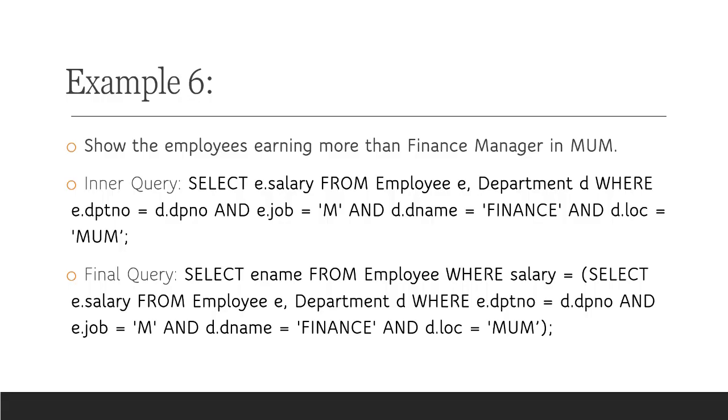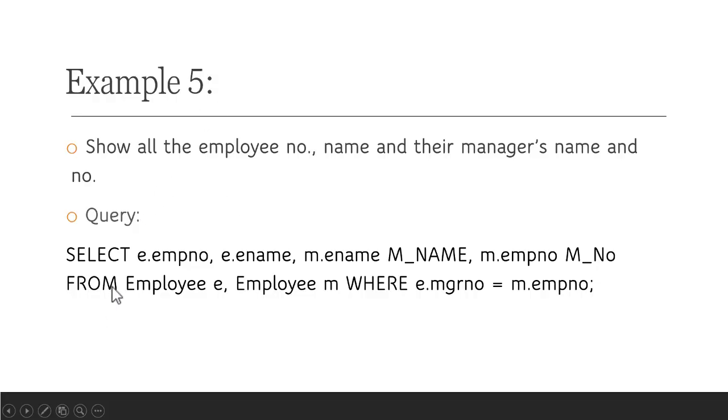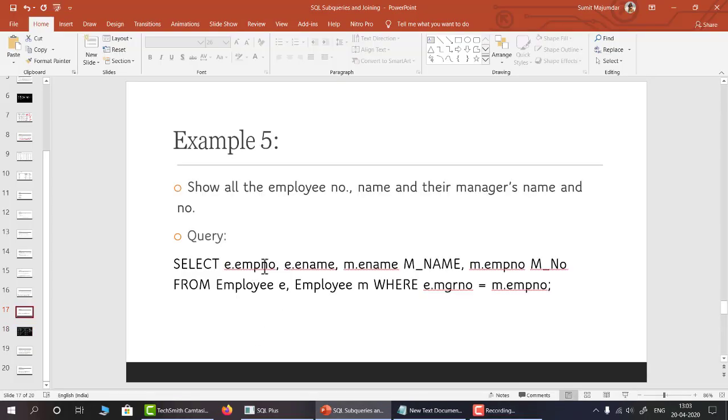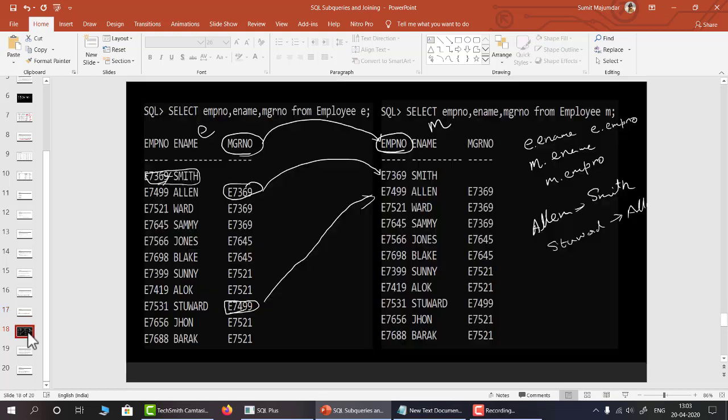So this is my query. Select e.emp number and e.ename and m.ename, where we are aliasing the table as M, meaning the manager name, and m.emp number as the manager number, from employee E and the same table, employee M, where e.mgr number is equal to m.emp number.